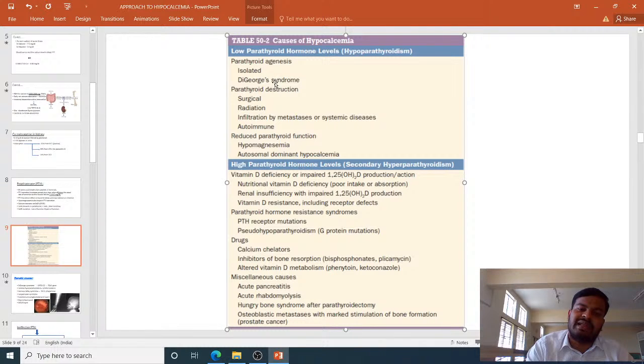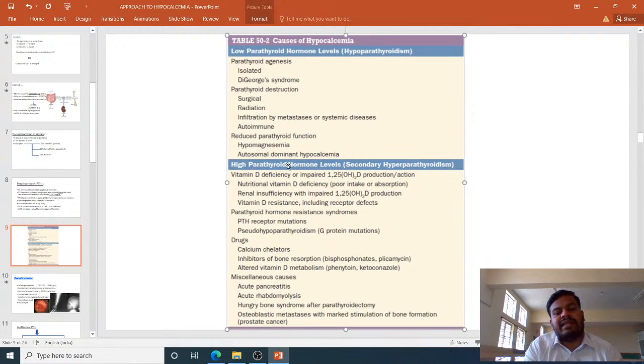The other one is parathyroid destruction, or agenesis, or any improper development during birth, or any mutation or other congenital anomaly, and reduced parathyroid function.